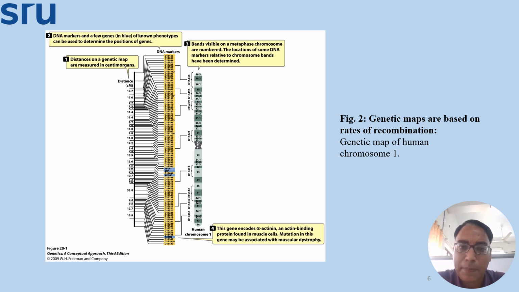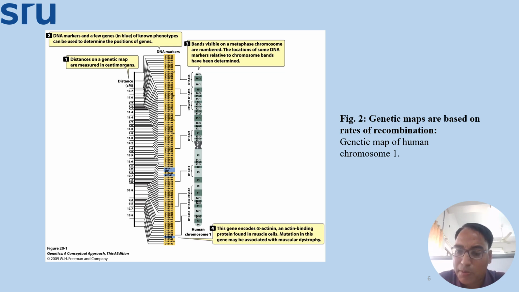See this genetic map, as I told you. Something closer means they are always going together. Something far apart means they will always get separated in the children, because crossover exists. So if the two are very close, gene A and gene B will go together.